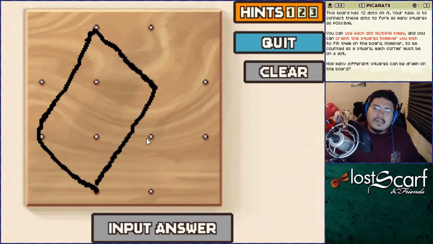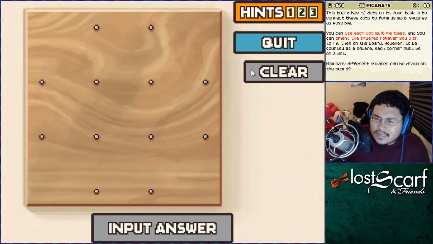It looks more like a rectangle than a square to me. Let's see how that works. 1, 2. You guys see 11? How do you guys see 11?